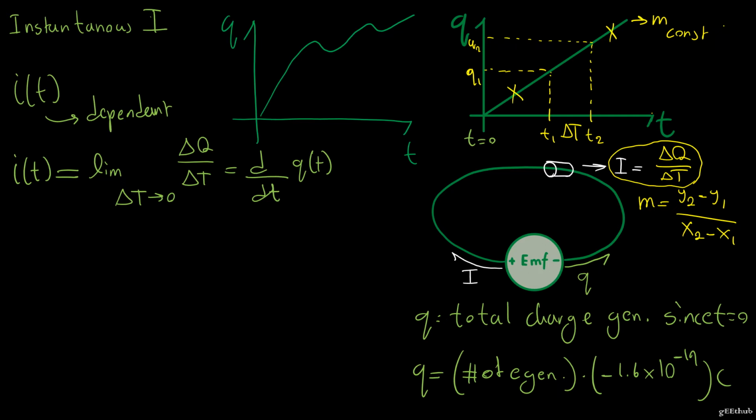If I want to calculate my current at time, let's say time A, I'm going to take the derivative of my QT at time A, which is going to give me this instantaneous slope over here, and that's going to be my I of A. Same thing with point B. Let's say my instantaneous slope at point B looks something like that. So my I of B is going to be the value of that slope over there.